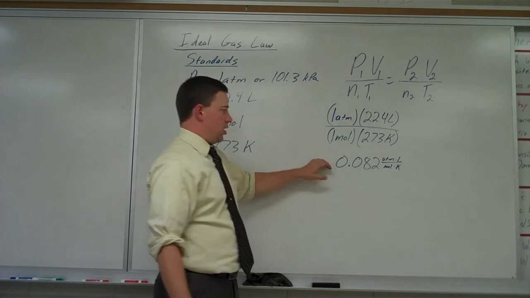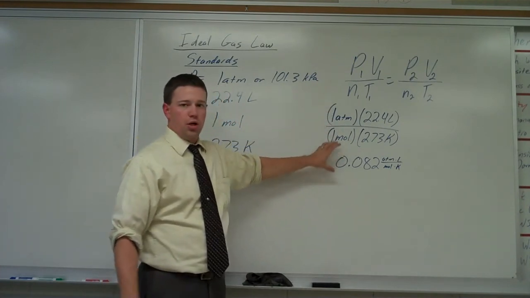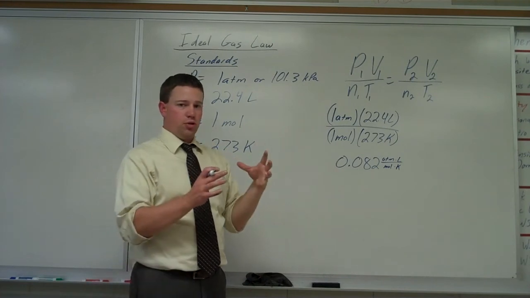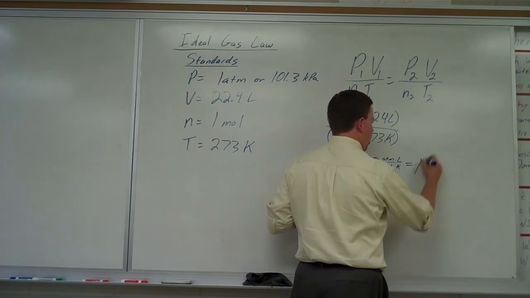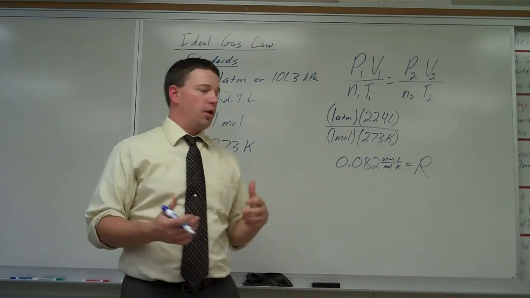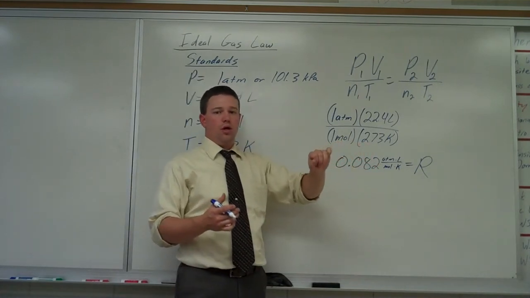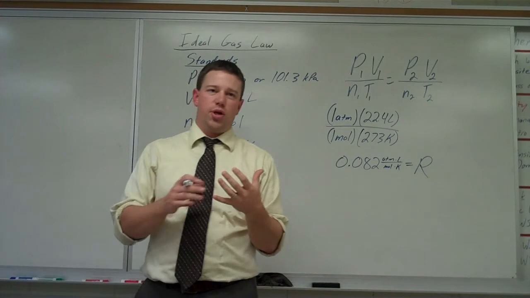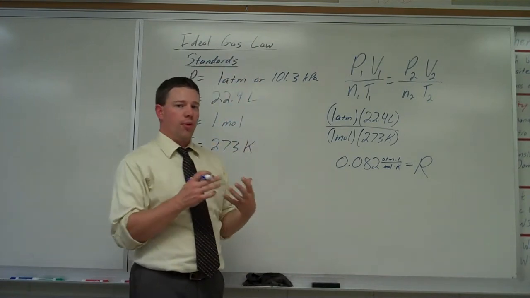This is our standard conditions represented as one number because it's easier that way. What we call this number is R, the ideal gas constant. That ideal gas constant for atmospheres is 0.082. If we had kilopascals, it would be 8.31. That's information that you will be given. You don't need to memorize that.